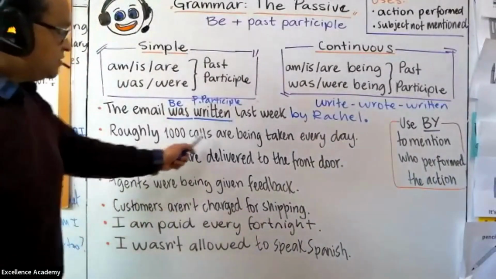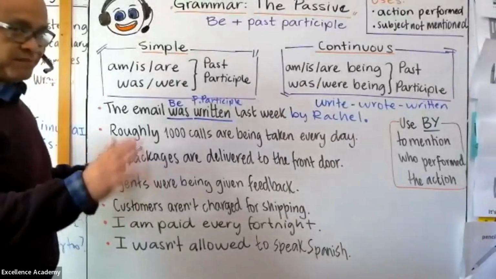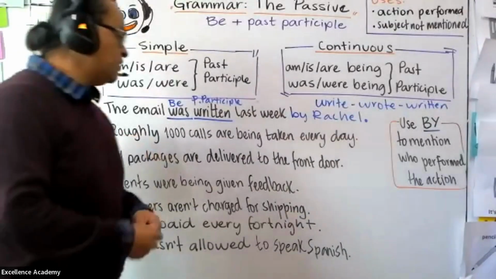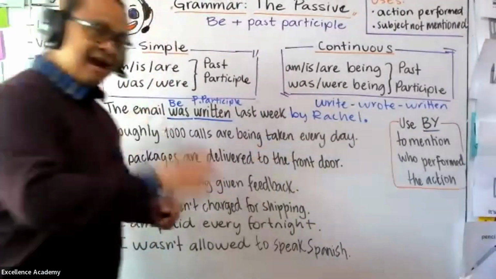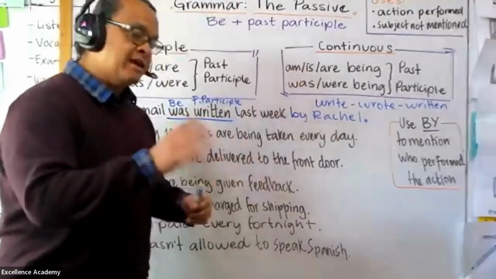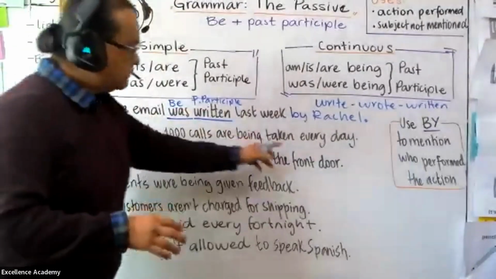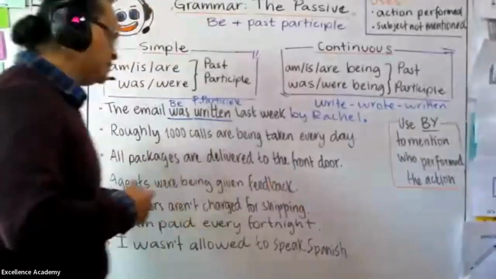Here's another example. Roughly 1,000 calls are being taken every day. Roughly, which is approximately, 1,000 calls are being taken every day. This is a continuous action that's going on in the present. This action of taking calls is occurring and progressing in the present.